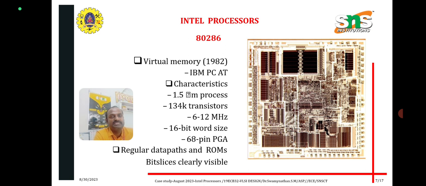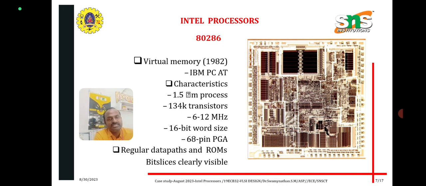And next we will discuss the 286 processor, that is another family. It was founded in 1982, for virtual memory, in the IBM PC, with the characteristics of 1.5 micrometer process, 134,000 transistors formed, 6 to 12 megahertz used, and word size 16 bit and 68 pin, with a regular data path and ROMs.